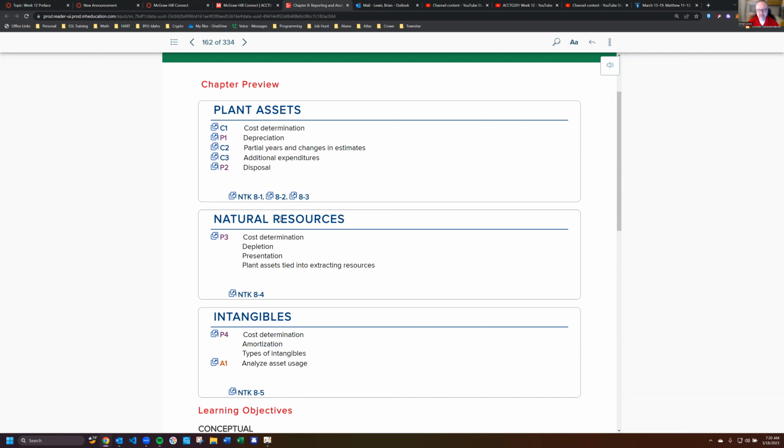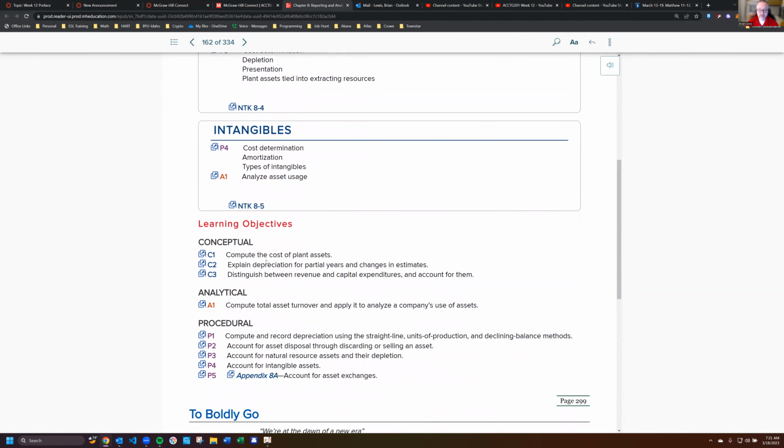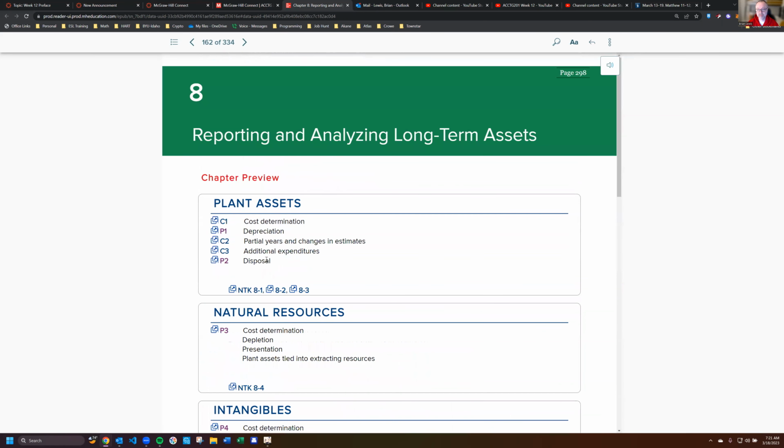What else might be in there? Coal, diamonds, anything that is a natural resource, how they determine the value of those assets, and then the intangibles such as patents or, what it would be, goodwill, things of that nature. How do you evaluate it, and how do you then effectively depreciate it over time if you can?